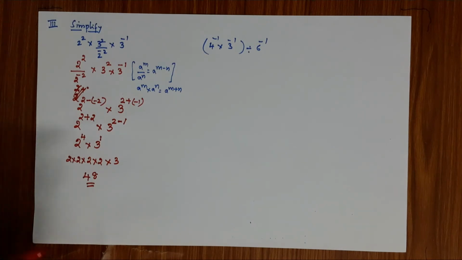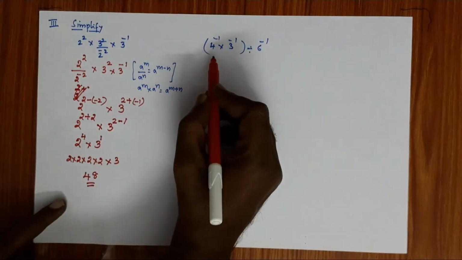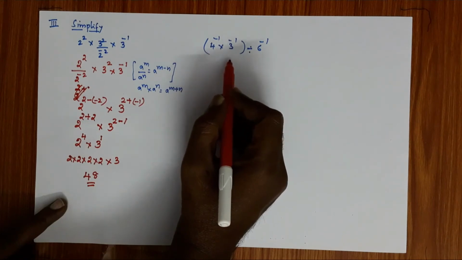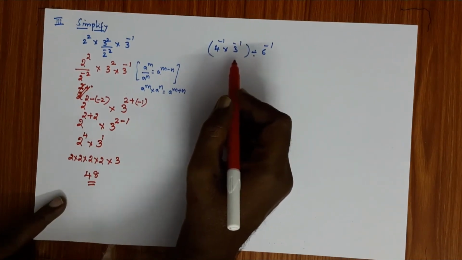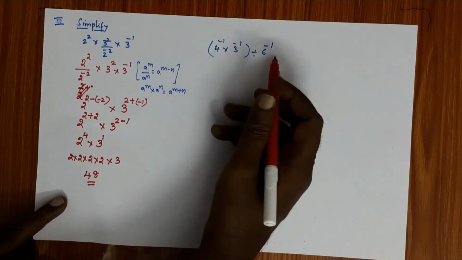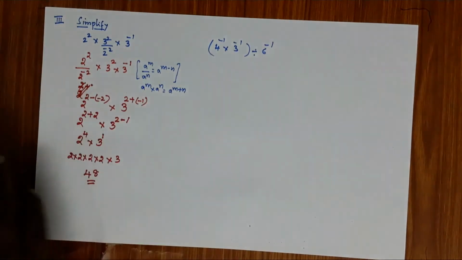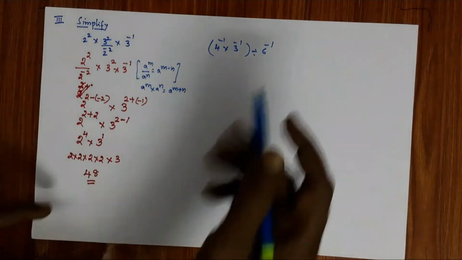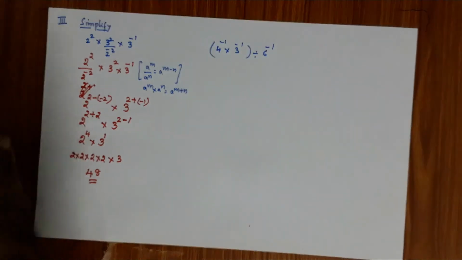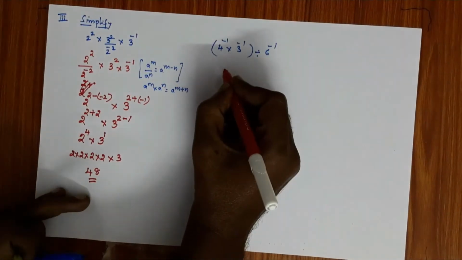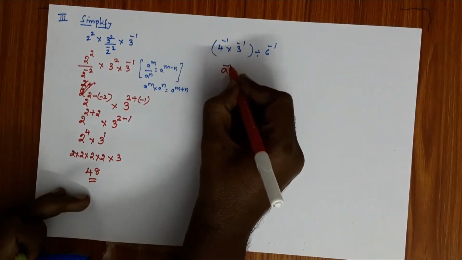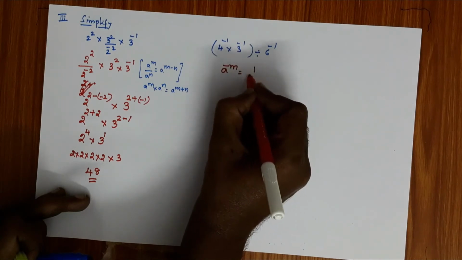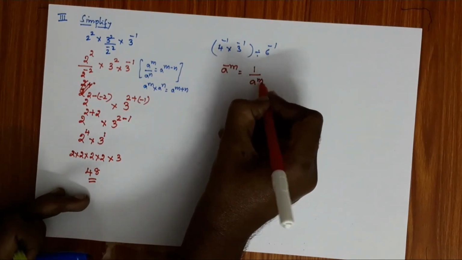Okay. Now what is here? 4 to the power of minus 1 into 3 to the power of minus 1 divided by 6 to the power of minus 1. And here we are using the formula a to the power of minus m can be written as 1 by a to the power of m.